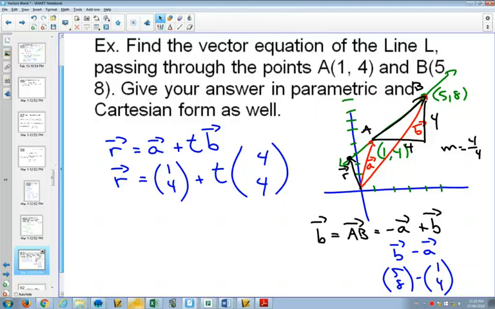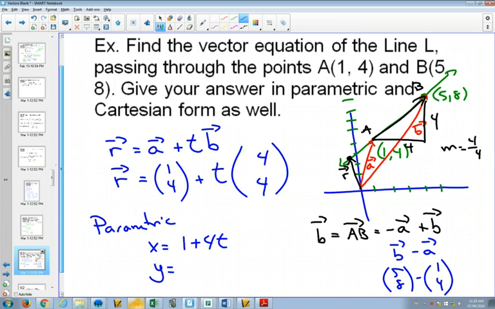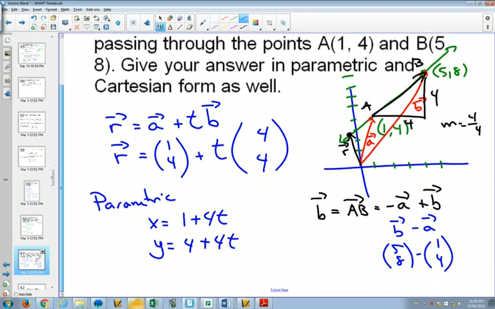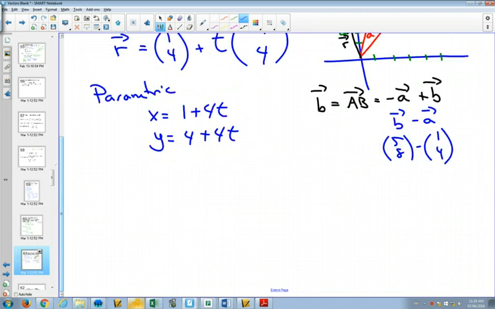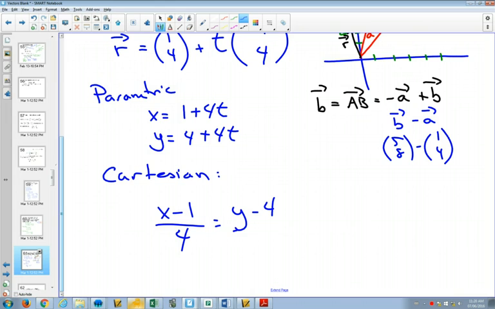We could write our parametric using the values that I have here. This would be x equals 1 plus 4t, and y would be 4 plus 4t. And for your Cartesian, solving for t, you'd get (x minus 1) over 4, and that would be equal to (y minus 4) over 4.